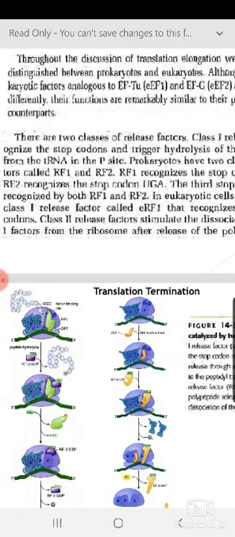Now it needs some helping proteins which will help the growing polypeptide chain to be hydrolyzed, and all the factors bound there should get free, as well as the ribosome, tRNA and mRNA should get free. That is what we call termination.